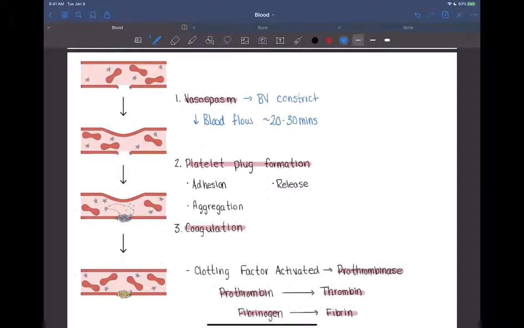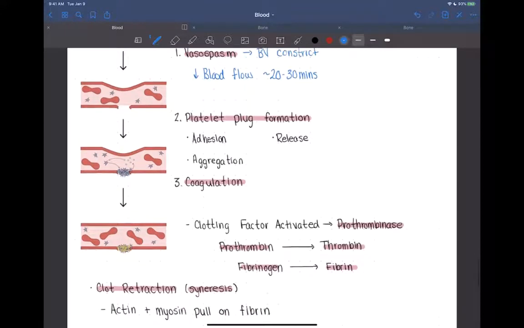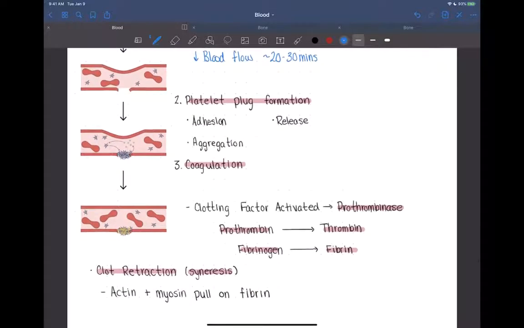Okay, so after vasospasm, we start to have platelets finding that open area and sticking to it. What's going to happen is they're going to form a platelet plug. For this, the platelets will stick to the uneven surface.